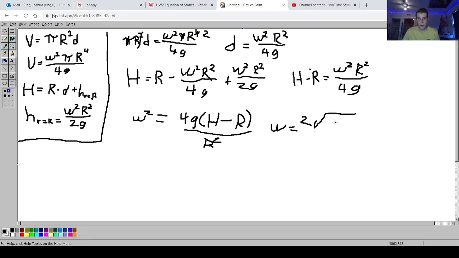So 2 square root g times h minus r, and then the square root of r squared is just r. So there we go. That is the equation that we could use to find the maximum angular frequency, so that the water, or the liquid in the container, does not spill over the edges.